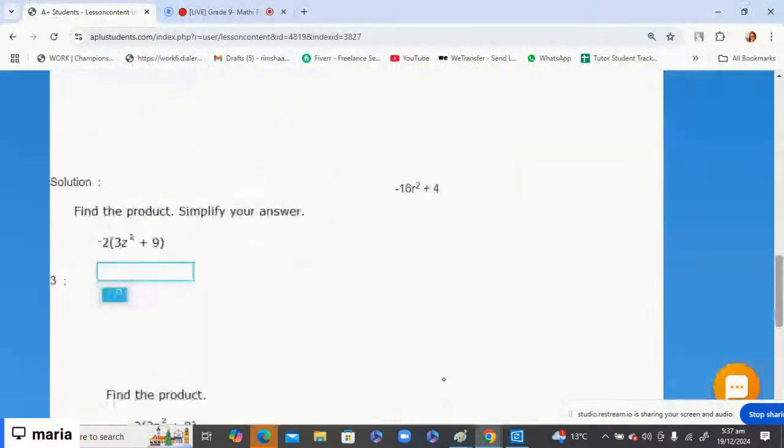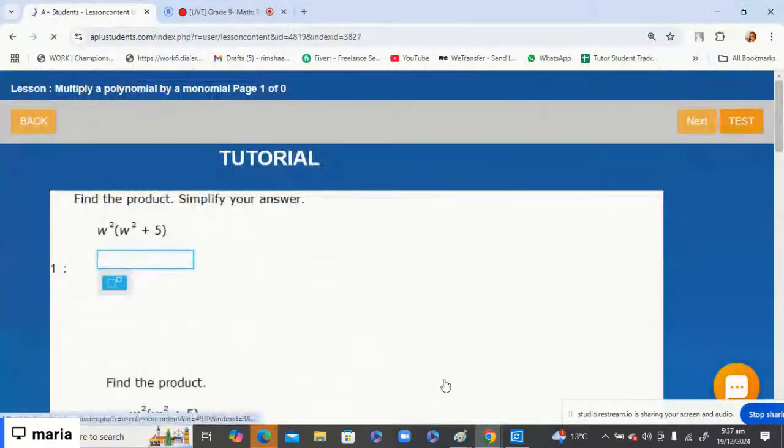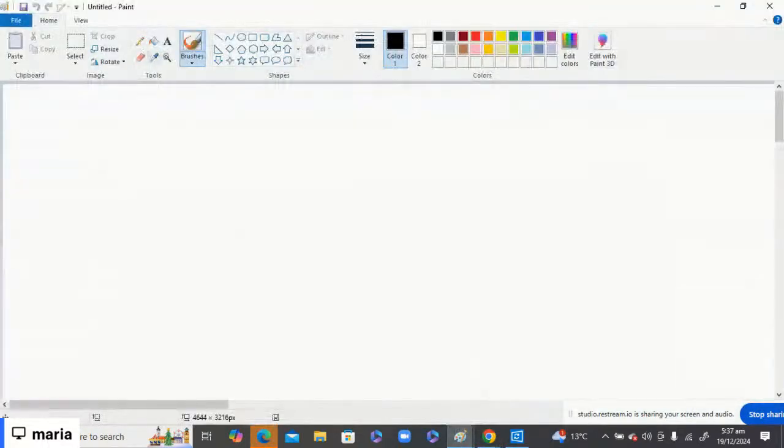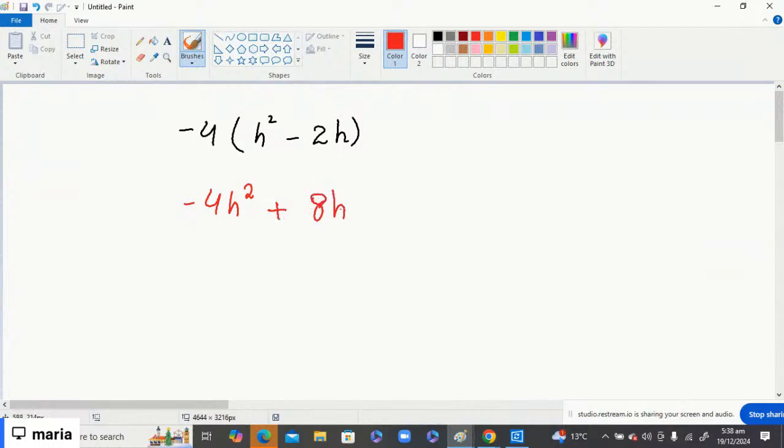Okay, now let's do the test questions for that. Minus 4 into h square minus 2h. Minus 4h square. Minus minus becomes plus. 4 times 2 is 8 and h.